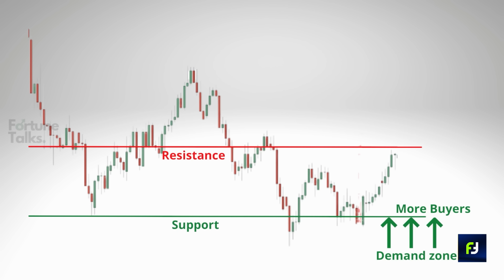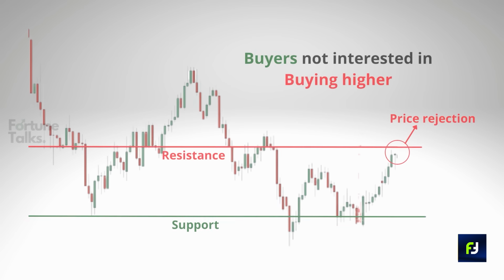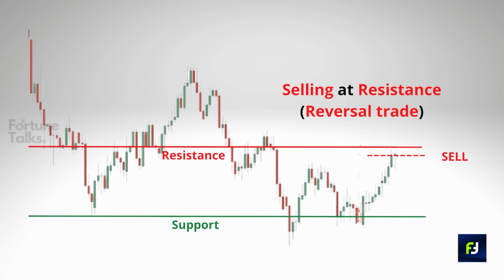So it is obvious from the market structure that the buyers would wait for the price to retest or reverse to the particular support level so that they can buy or go long. Further, the price rejection at the resistance indicates that the buyers are not willing to buy at higher prices. And this is exactly the best place to initiate a short trade.